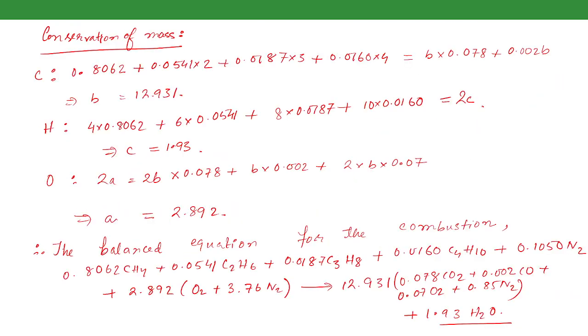We can find it by writing this equation again and solving it, or we can consider that there is an excess of oxygen on the left hand side, which becomes the excess oxygen on the right hand side as a product. So if we subtract this fraction of oxygen in the product from the total amount of oxygen in the reactant, then we will get the actual amount of oxygen that reacts in this case. The remaining is the excess oxygen.